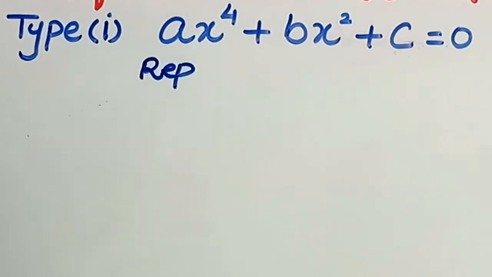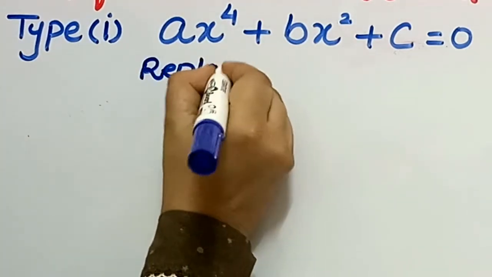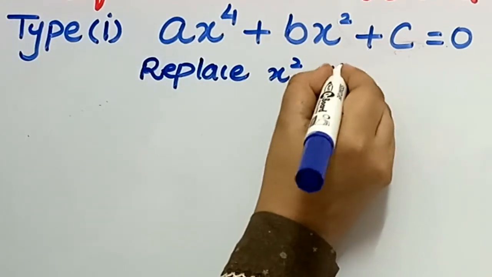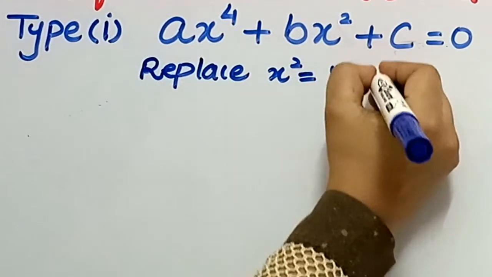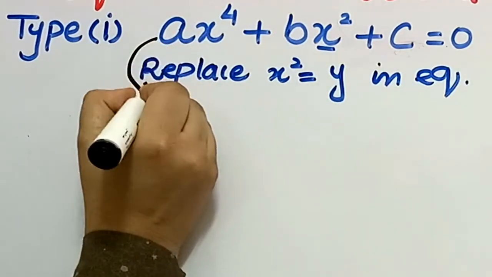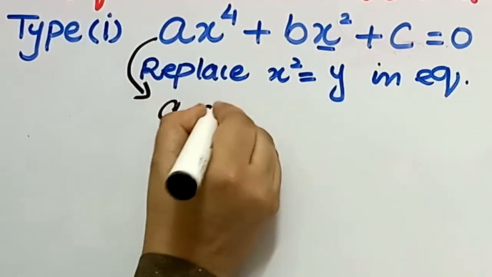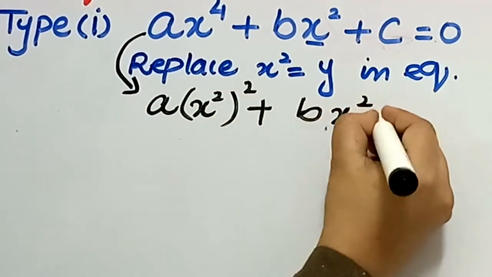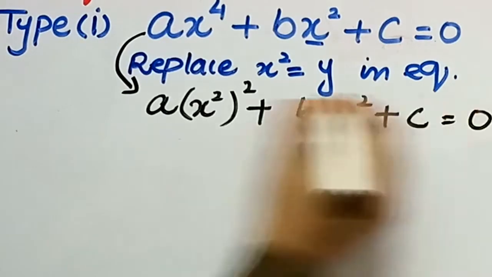We are going to replace x square equal to y in the equation. This equation will be ax raised to power 4 plus bx square plus c is equal to 0.